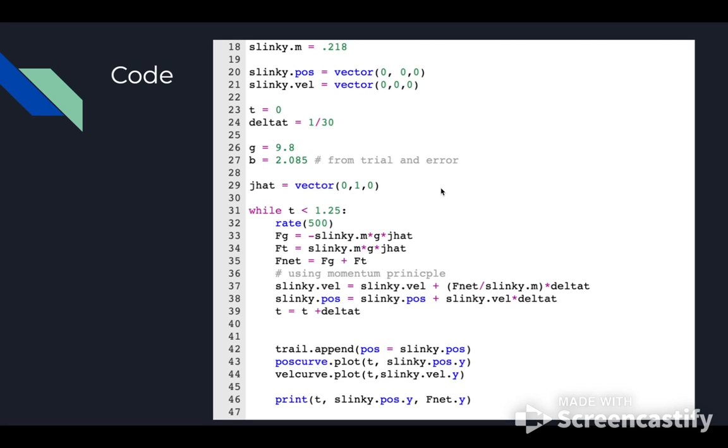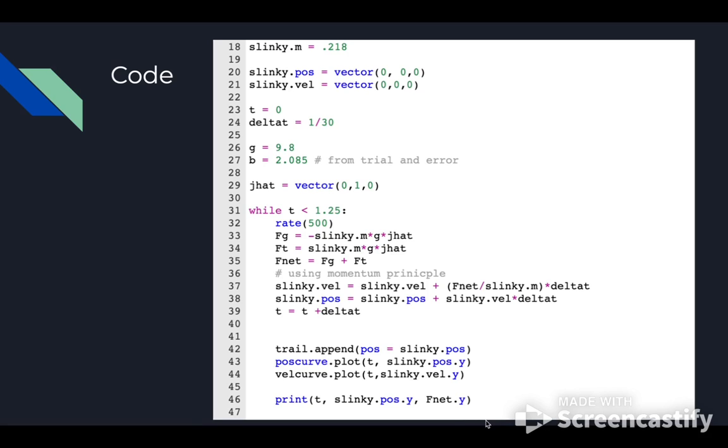While the time is less than 1.25 seconds, the force of gravity on the slinky we set to be negative g times the mass of the slinky in the y direction, and then the force of the tension is the positive of that, and then the net force is equal to the force of gravity plus the force of the tension. So using the momentum principle, we put in the velocity and position update formulas and then change the time.